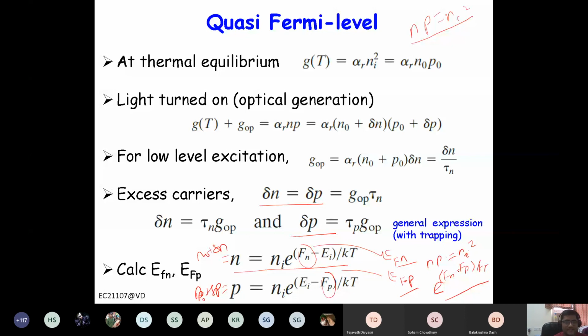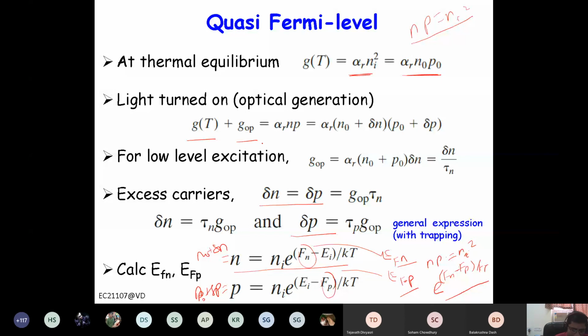Now in case of optical generation, can we calculate this delta n and delta p? Let's see. At thermal equilibrium, thermal generation is alpha R times ni square, recombination is alpha R times n naught p naught, and they are equal. If you turn on the light, then total generation will become thermal generation plus optical generation, and this has to be equal to the recombination rate, alpha R times np, and n and p we can write as n naught plus delta n, p naught plus delta p.